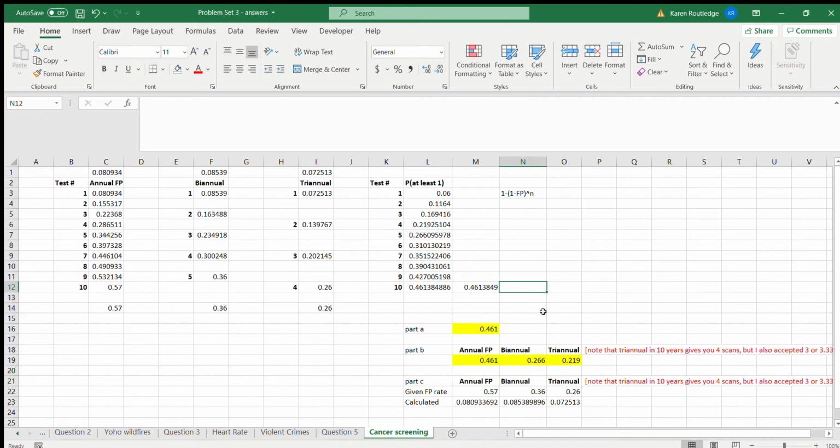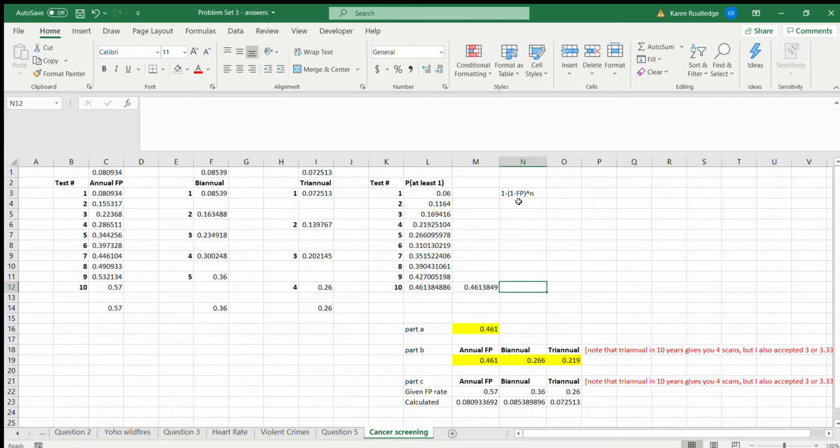For part A, we're asking for the probability of at least one false positive given 10 years of annual screening. If we take this test every year for 10 years, then n equals 10. Our false positive rate was given to us in the question as 0.06, so a 6% false positive rate.